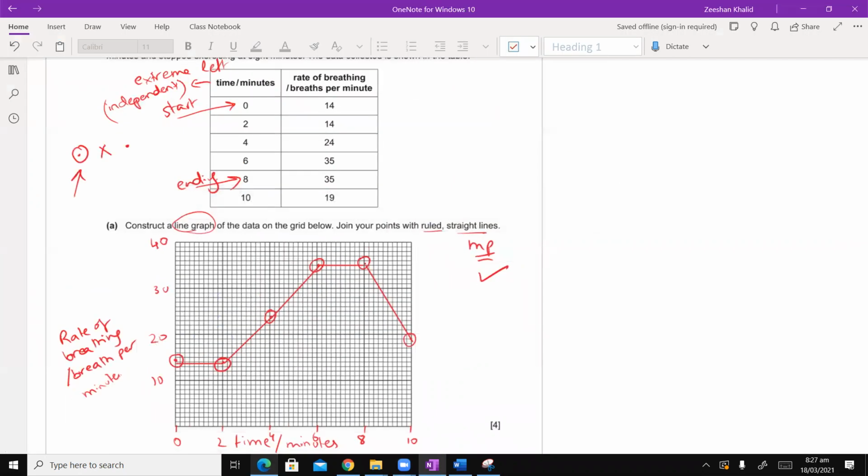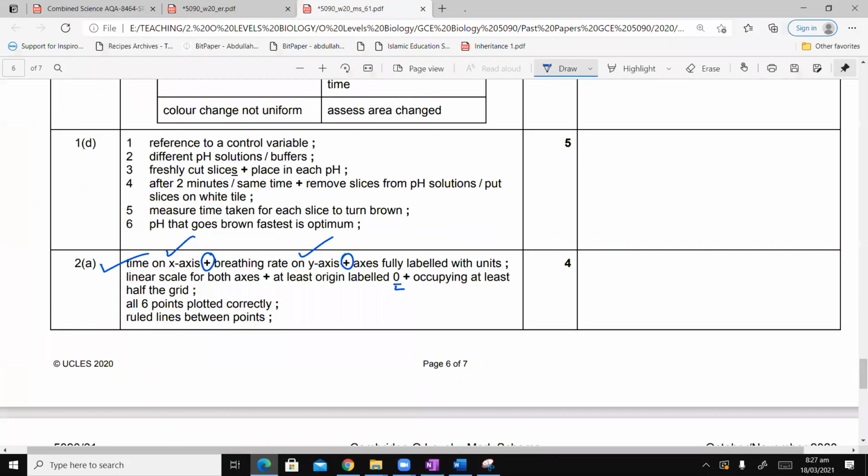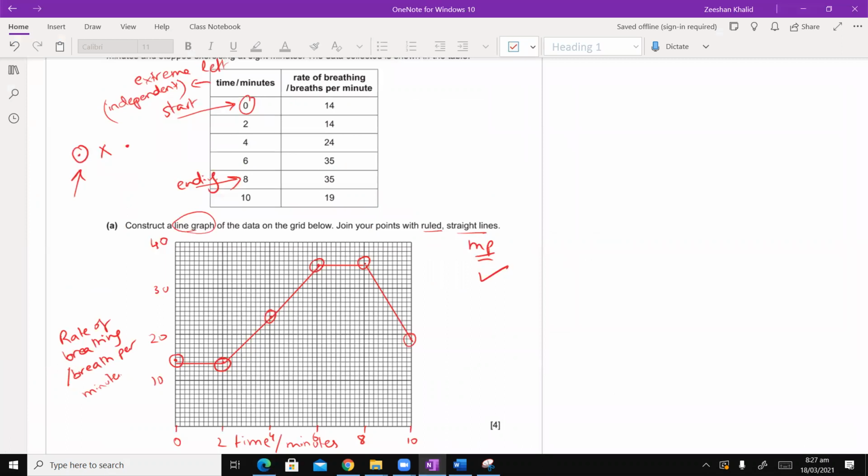Because if you look at the values, the time value has been given as 0, so I have to show 0 in some way or in some form, okay? Or plus occupying at least half of the grid. He's being generous and he's saying, child, use at least 50% of the grid, that's ideally good. So alhamdulillah, I get the second marking point.